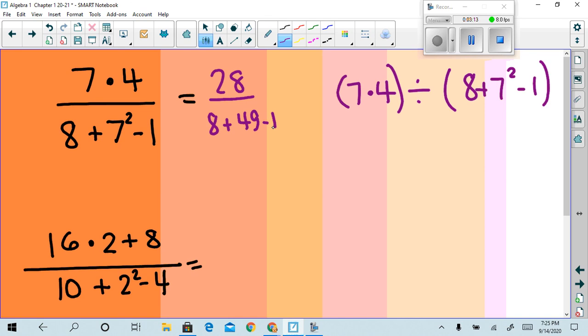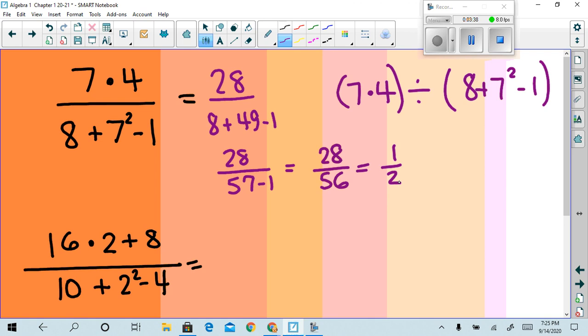So again, using your left to right rule, doing all the right things, we'll keep that 28 on the top. Here we'll get 57 minus 1, which will give me 28 over 56, and that leaves me with one more step, and that will be to simplify, and there I have it.